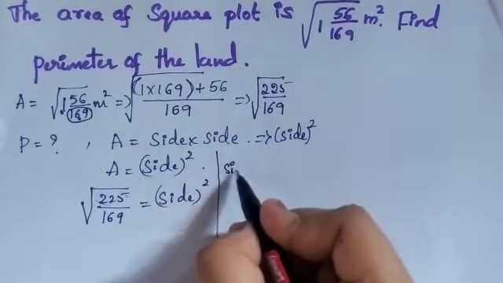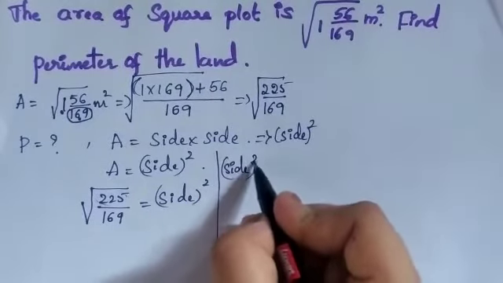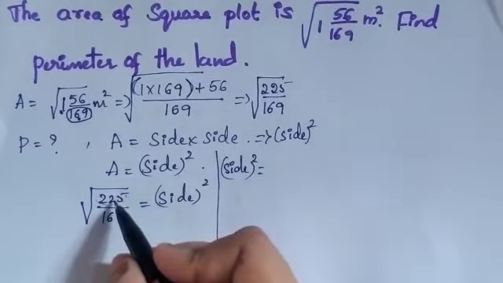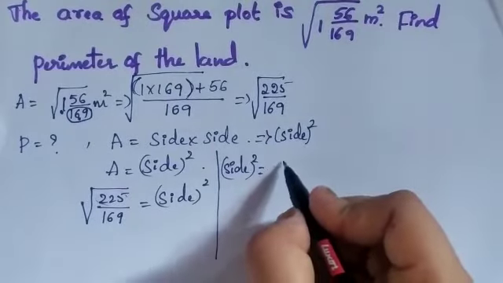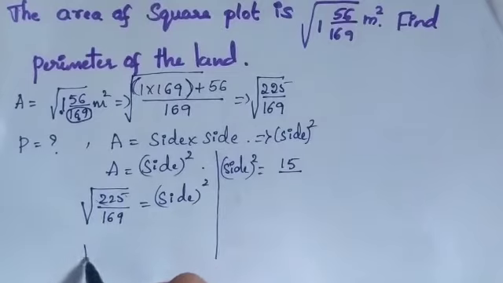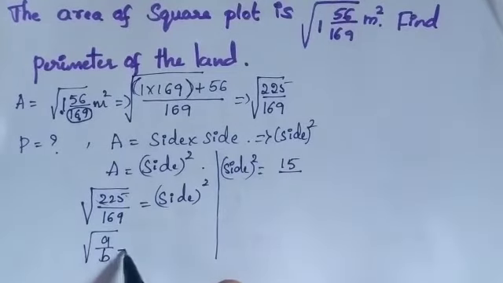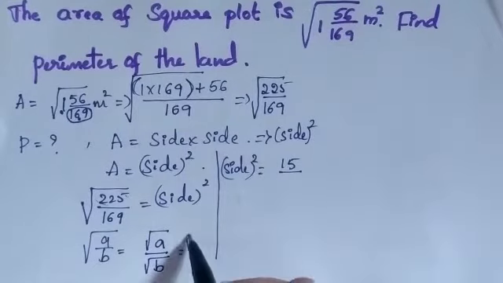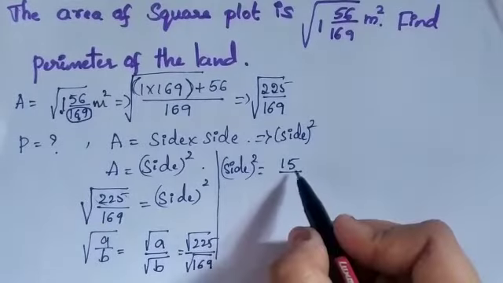So side whole square is equals to square root of 225 divided by square root of 169. It is like square root of a divided by b. You know square root of a divided by b is square root of a divided by square root of b separately. So square root of 225 divided by square root of 169. What is the square root of 225? 15.